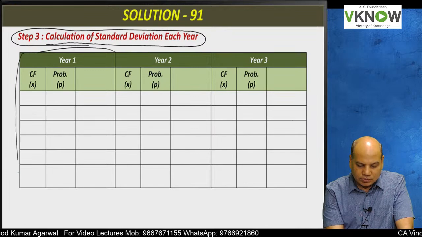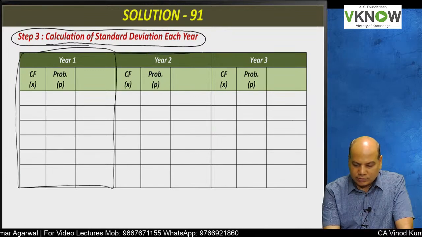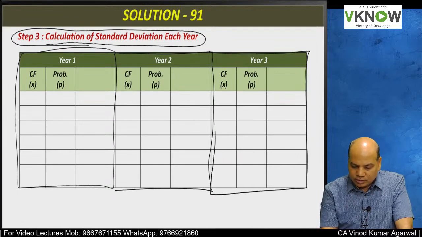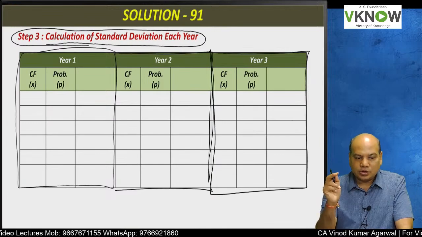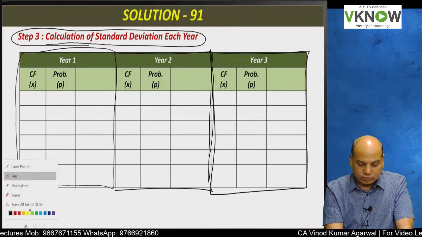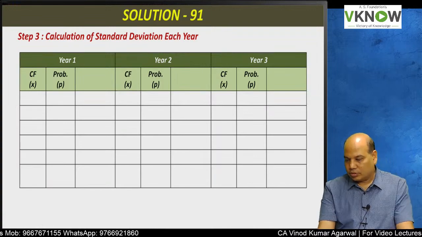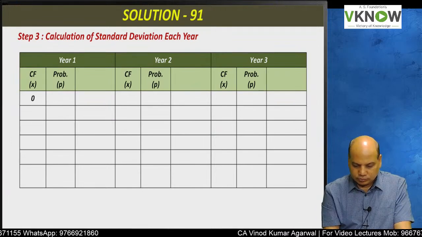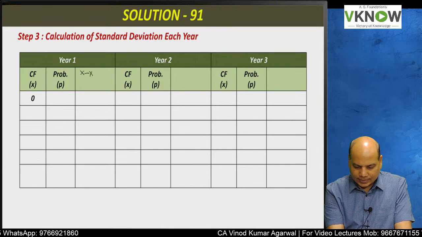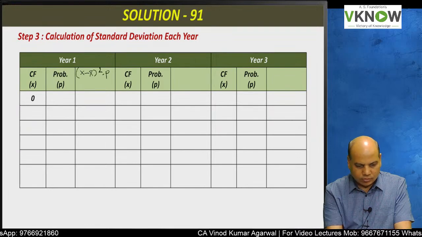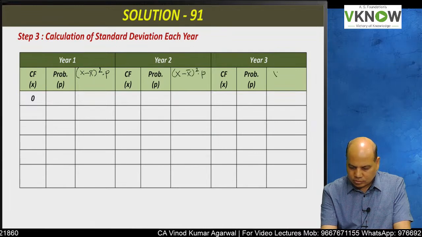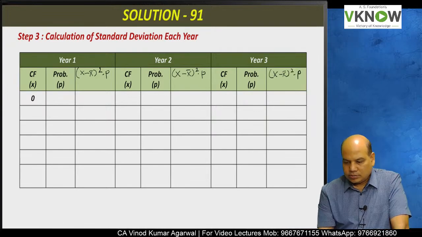When each year's cash flows are given separately with separate probabilities, first you need to find the standard deviation of each year. Draw the table.